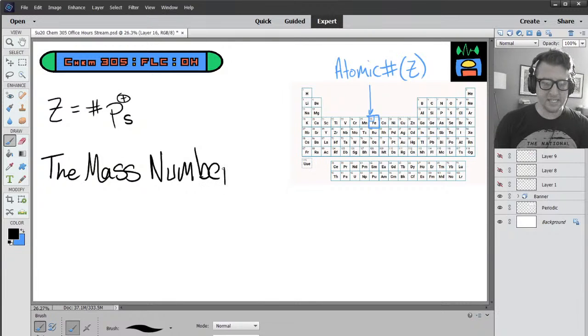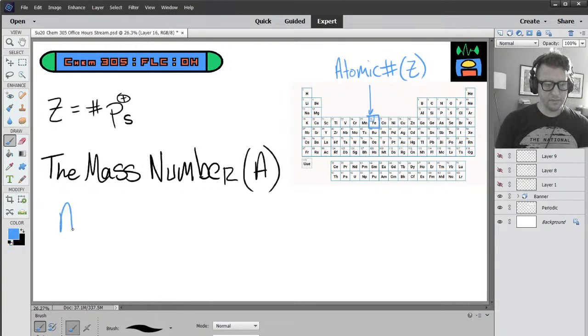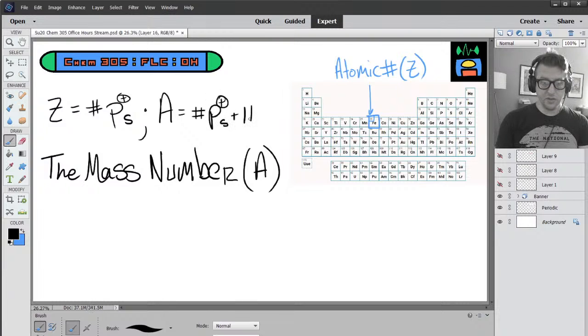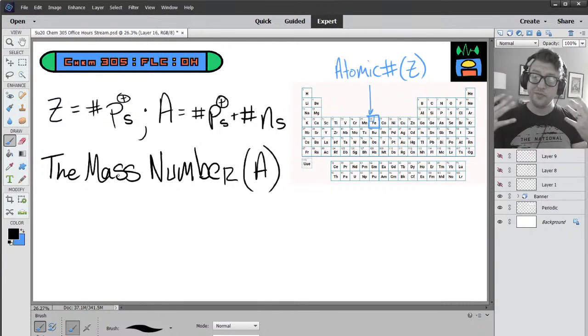The mass number is represented with the symbol A, and A is equal to the sum of the protons and the neutrons in the nucleus. So it's number of protons plus number of neutrons. In other words, the mass number is the total number of nucleons.